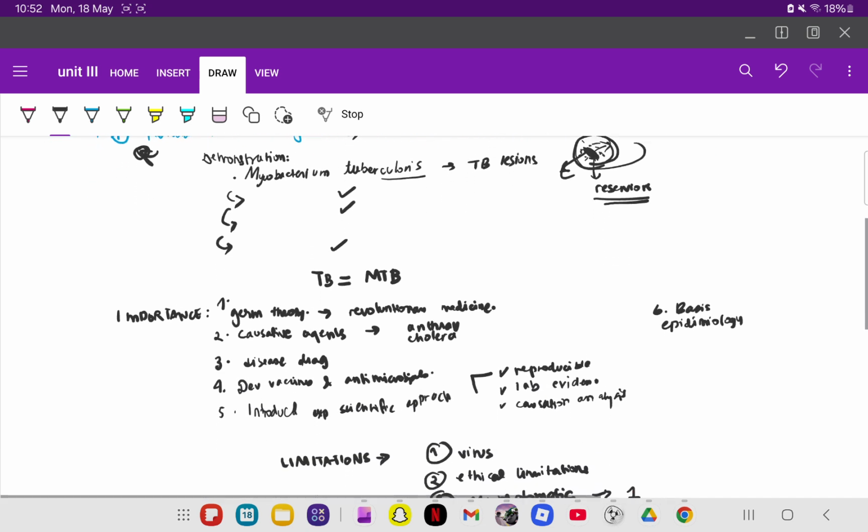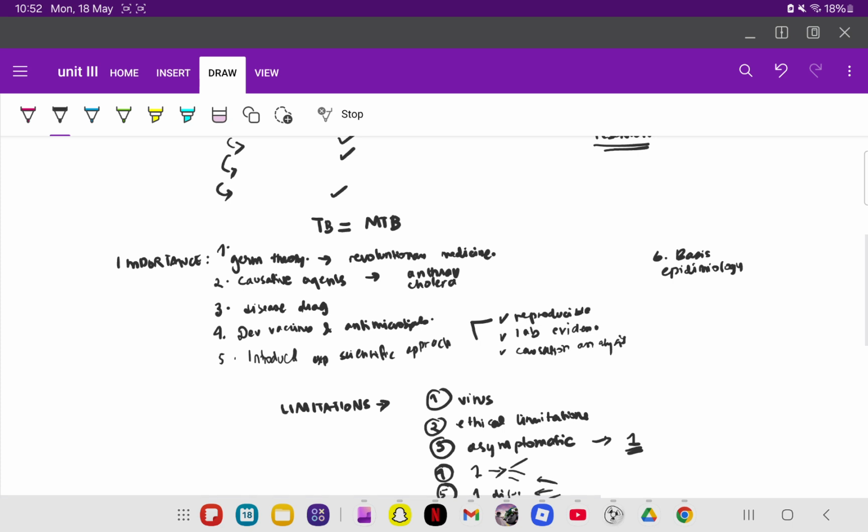Now the importance of this is that first of all, it confirmed the germ theory of disease, which has been revolutionary in medicine, and thereafter we've been able to determine the causative agents for several infectious diseases such as anthrax and cholera.